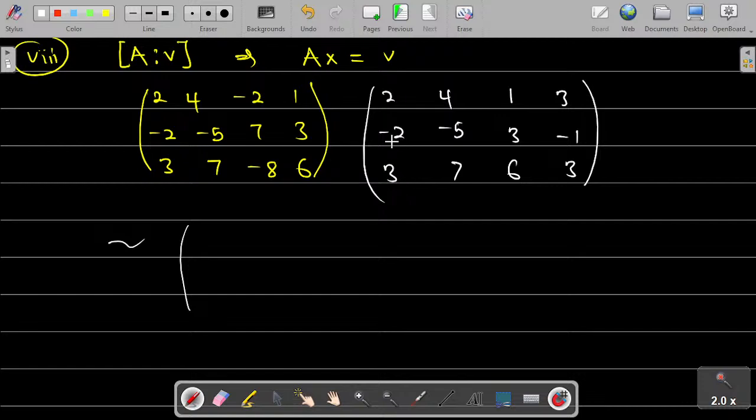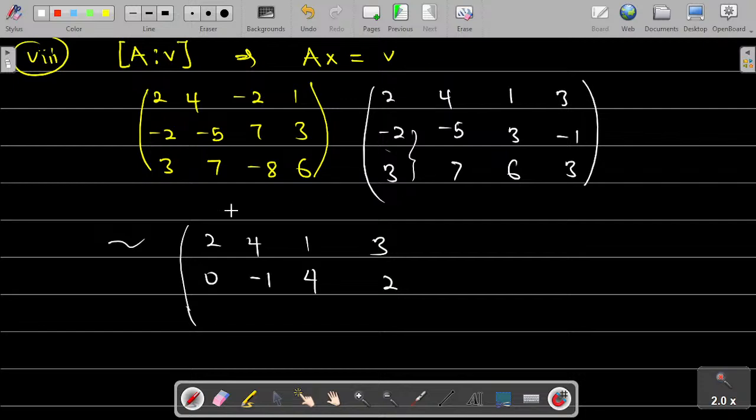We will try to eliminate these 2, and in doing that our row 1 will remain the same. So we have 2, 4, 1, 3. The algorithm is just the addition of the 2 to eliminate. That will be 0. This plus this is minus 1. This plus that is 4, and then we have minus 2 here.